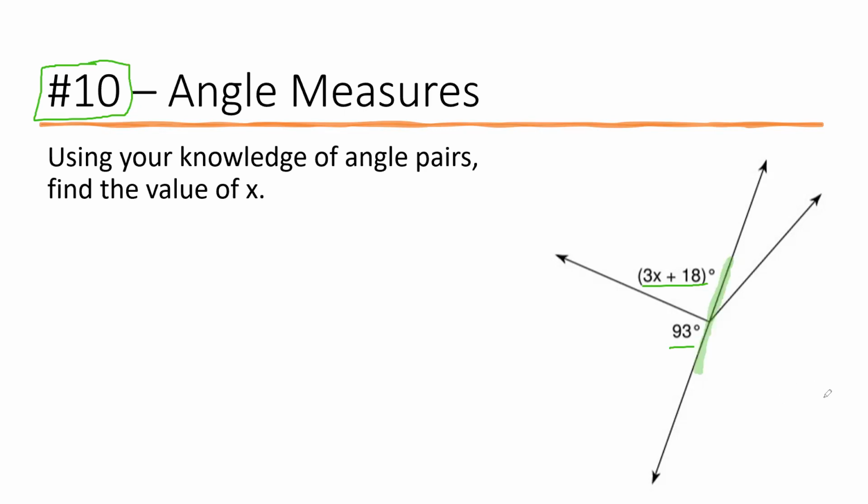So they're a linear pair, which means they are supplementary and add up to be 180 degrees. So I know that my 93-degree angle plus my other angle here, which is 3x plus 18, come together to equal 180.